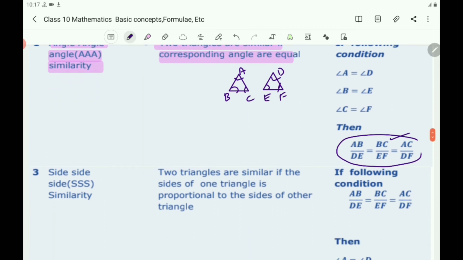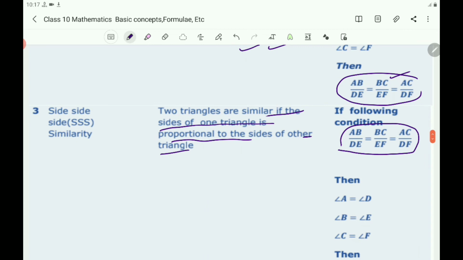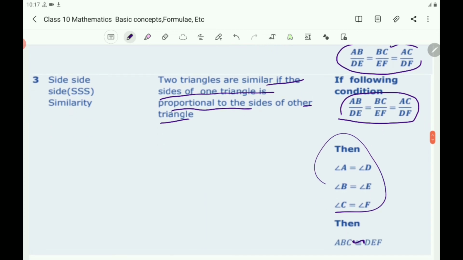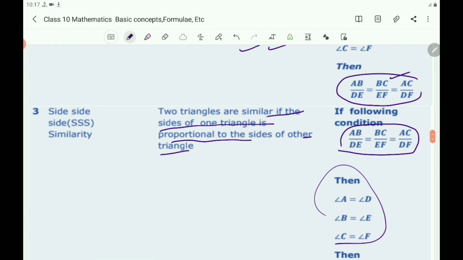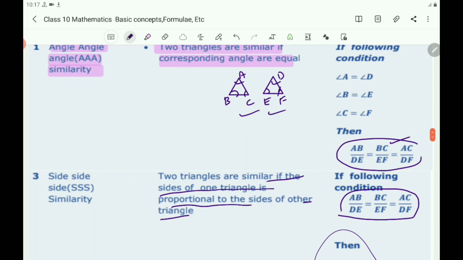Next, SSS similarity. Two triangles are similar if the sides of one triangle are proportional to the sides of the other triangle, means their sides are in same proportion. So if AB by DE equals BC by EF equals AC by DF in these two triangles, then they are equiangular, means they are similar. Triangle ABC and triangle DEF are similar. If one condition holds, then the other holds naturally.